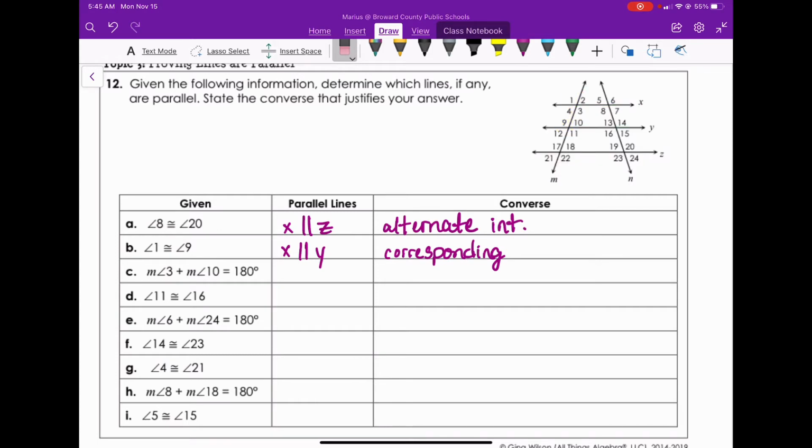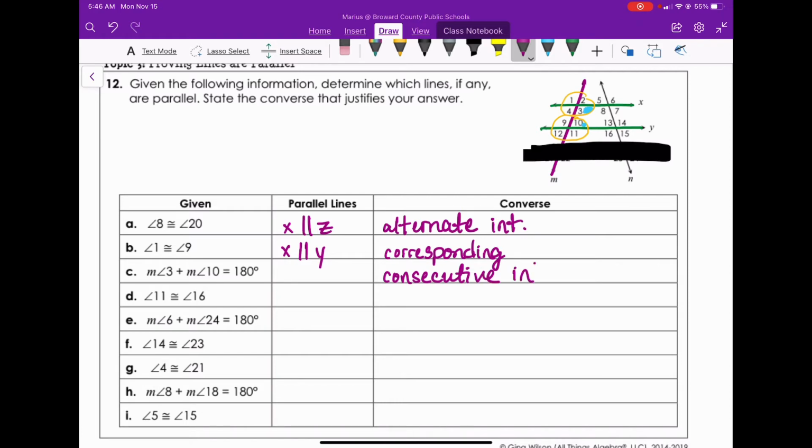Next is angle 3 and angle 10. Once again, the transversal is M. Angle 3 is on line X. Angle 10 is on line Y. So we don't need to worry about line Z. Now, angle 3, which is right here, and angle 10, which is right there, both of those are interior angles, and they're on the same side of the purple line, the transversal line M. So that would make them consecutive interior angles.